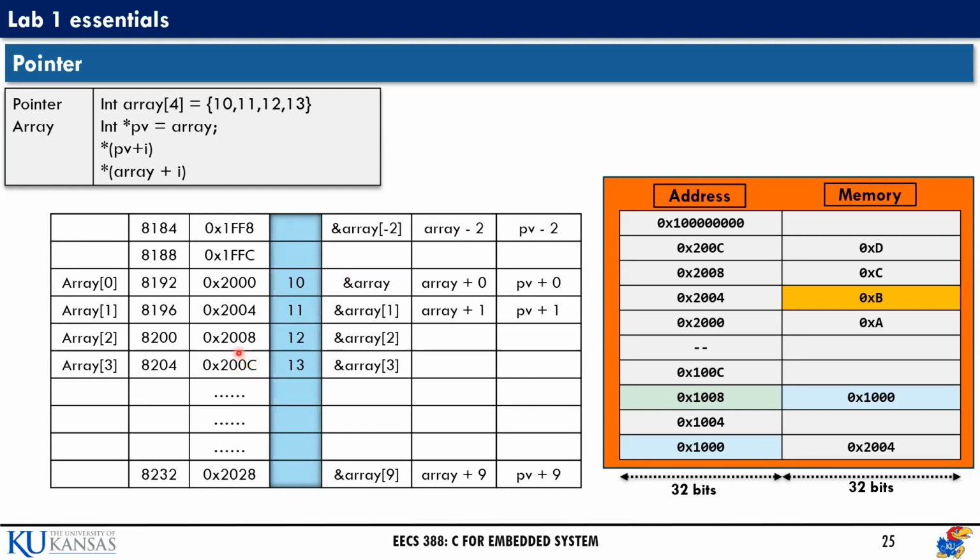So this is the hexadecimal representation of our memory address. And if we convert this memory address to decimal format, we have 8192, and you can see here it is increased by 4 in both places.